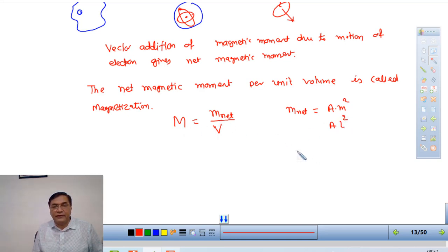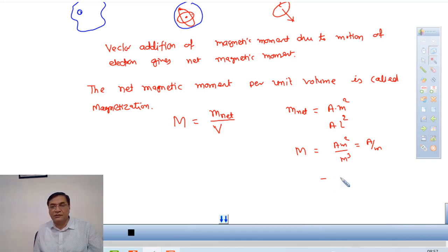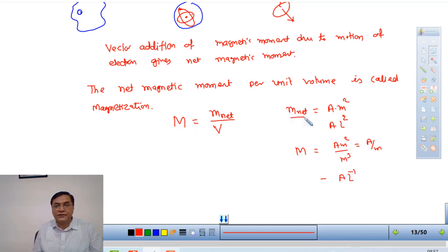And M becomes ampere into meter square divided by meter cube. So it becomes ampere per meter, and therefore the dimensional formula is A L^-1. This depends on the type of the material, and also on the temperature. The same material at a different temperature has different magnetization.